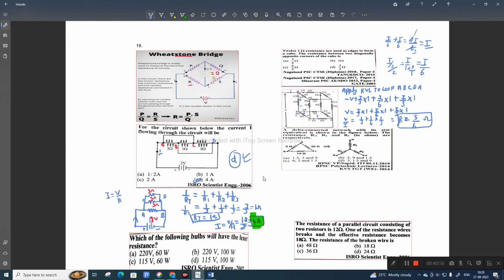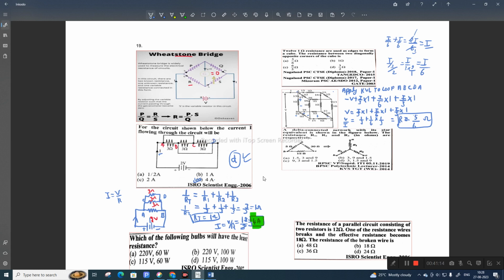So you need to take the things in a proper way. This is the method for everything, but in a competitive exam, you should not do this much calculation. Very simple.